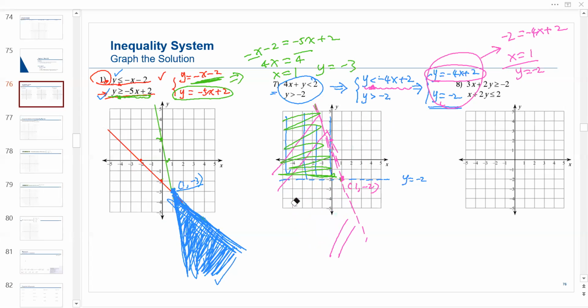So actually, what we are looking at is this area, not including this borderline, not including this borderline. This is just like a border. So this is the shadow area.